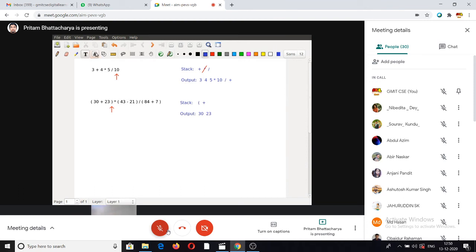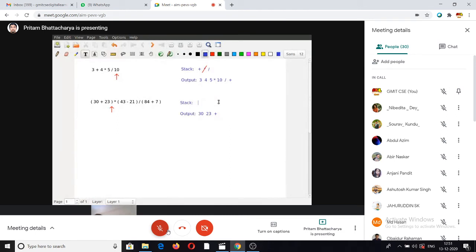So there are two things going on here. This plus is popped from the stack and pushed into the output, and once you have popped all the operators up to your first opening parenthesis, starting from the top, you can just pop it and discard it.